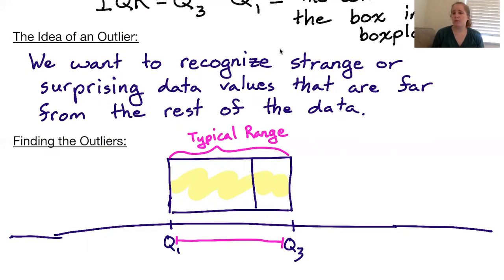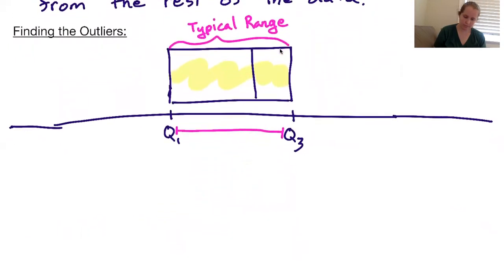Then we'll have what we expect to see. So the things we expect, we're going to give ourselves quite a bit of wiggle room on each side of our typical range. The way we will do that is we will take that stretch from Q1 to Q3, and that distance is our IQR.